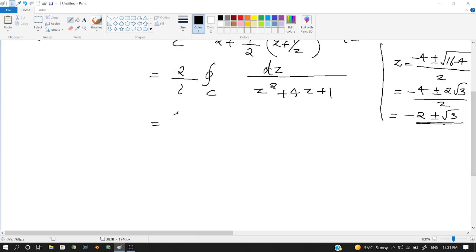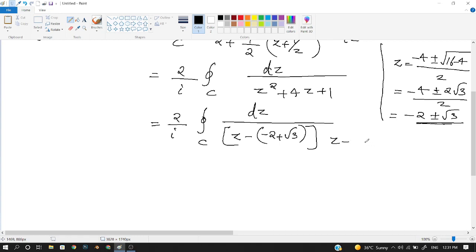So this is equal to 2 by i closed integral over C dz divided by z minus (minus 2 plus root 3) into z minus (minus 2 minus root 3).